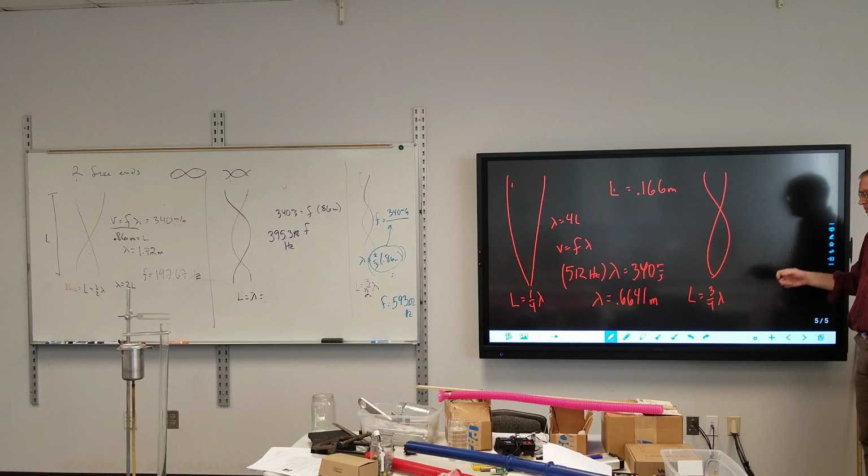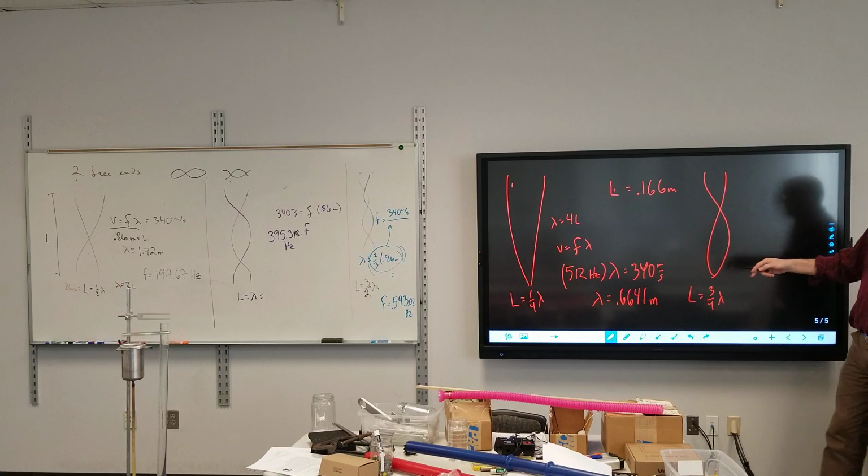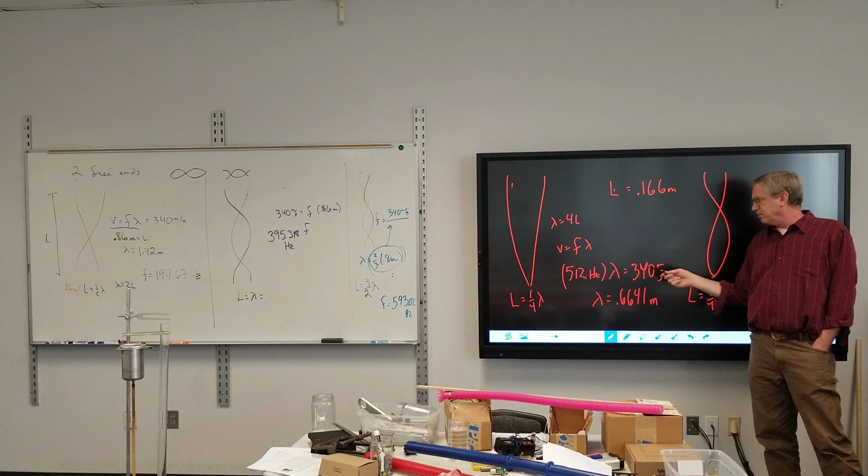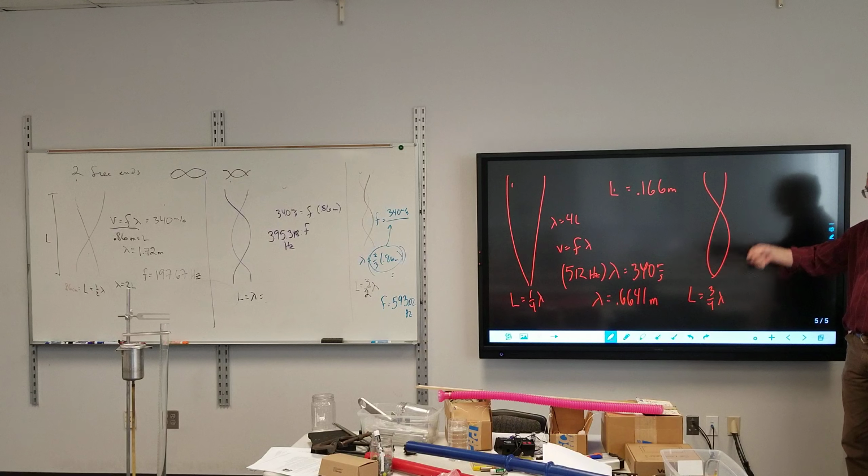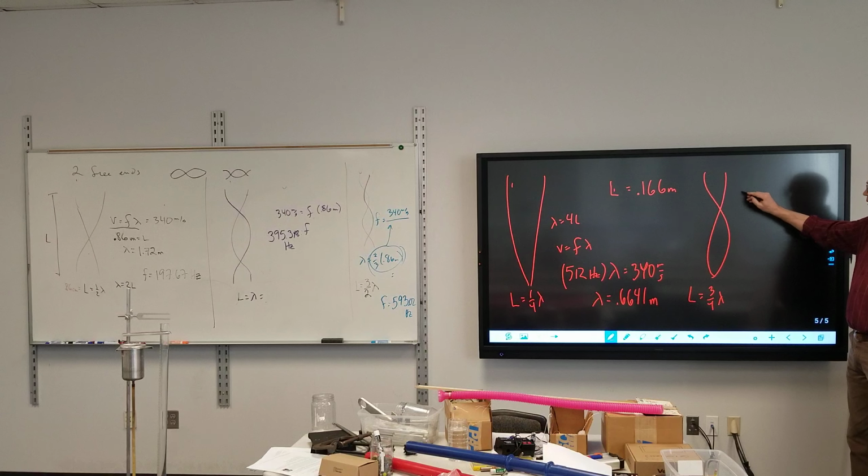or the first overtone. So going through the same exercise again, the frequency is going to be the same, the speed of the air sound is going to be the same, the wavelength is going to be the same. What's different is the length of the air column. So L is equal to 3/4 of 0.6641 meters, which is 0.498.